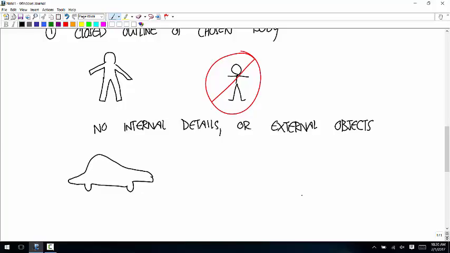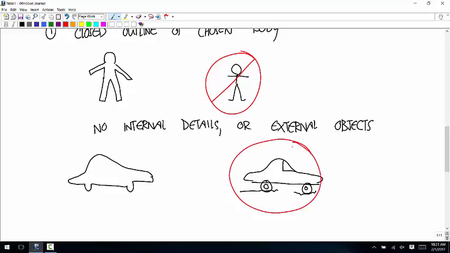It should look like that. It shouldn't look like that. The window is an internal detail, the hubcaps or whatever. The grass is an external object. All that stuff is just confusing what you're trying to make a simple statement about what's inside your object and what's outside your object.